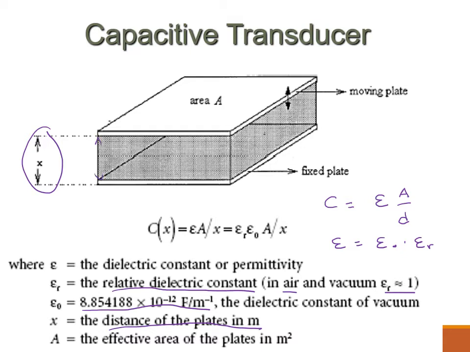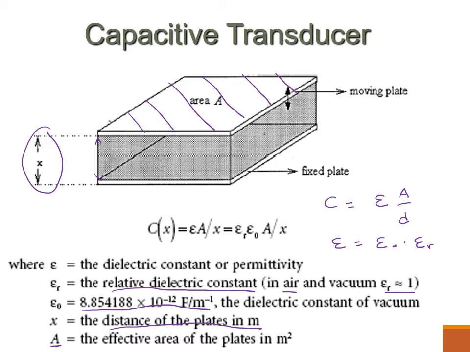And the last variable is area. Area is the effective area of the plate. We can understand the effective area as a shared area, meaning the area shared by both the upper plate and the bottom plate. For example here, this is the shared area for this condition. Both plates have the same area because they are parallel in this condition.